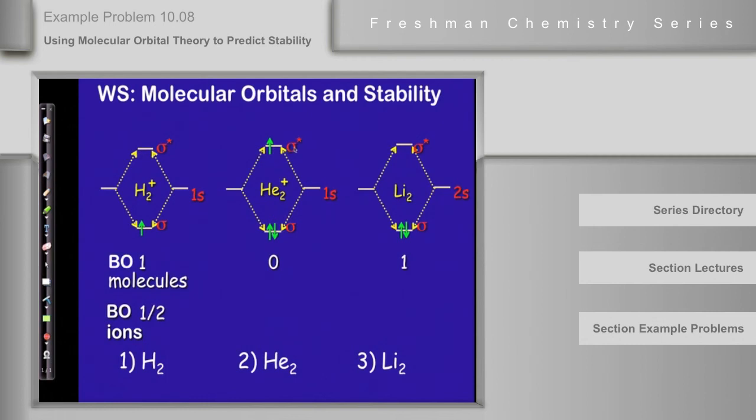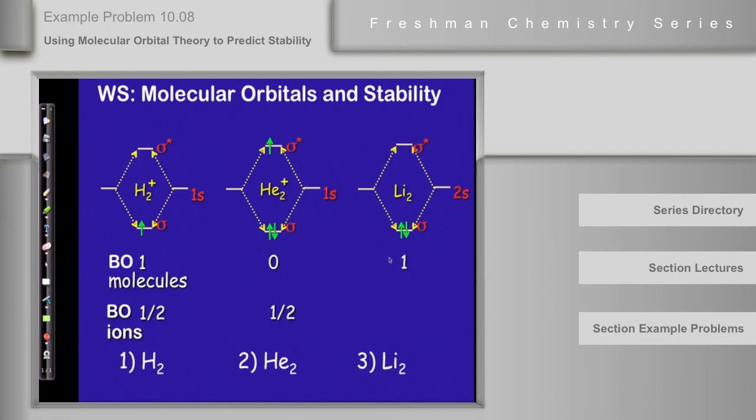Now what does this mean with respect to the bond order? It clearly means that the bond order is going to be 1/2 of 2 minus 1, or 1/2 of 1, so it should be 1/2. So by taking an electron away, the bond order went from 0 up to 1/2.